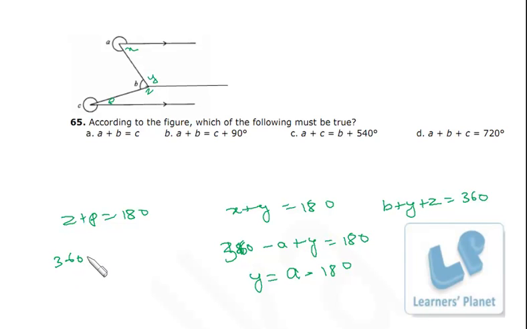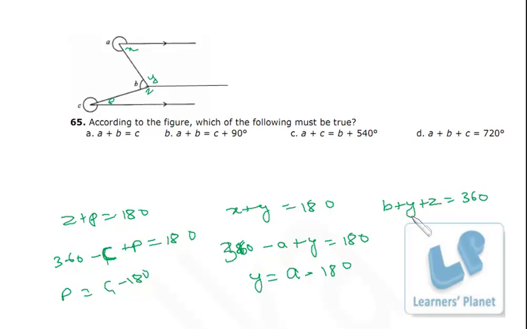So it is 360 minus C plus P is equal to 180. Okay, so P is equal to C minus 180.